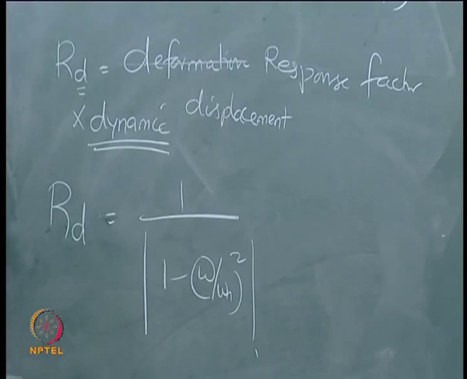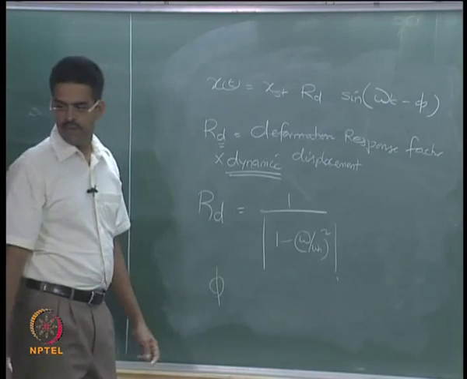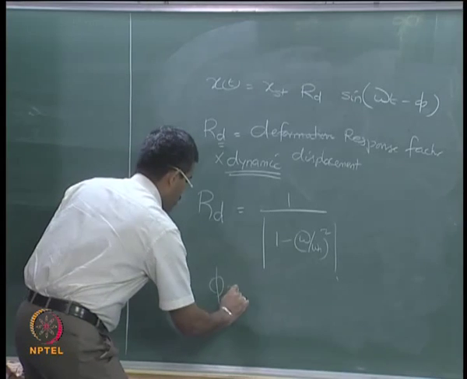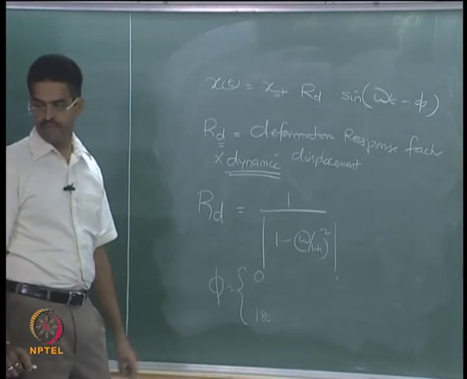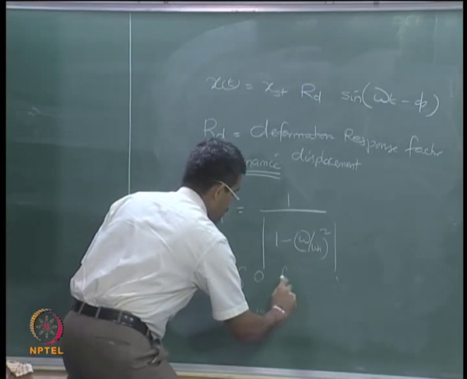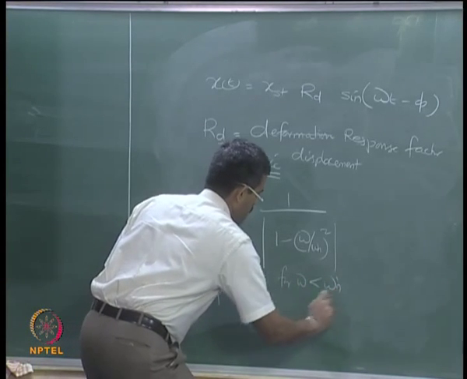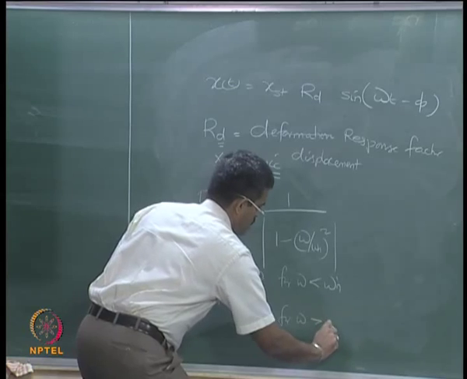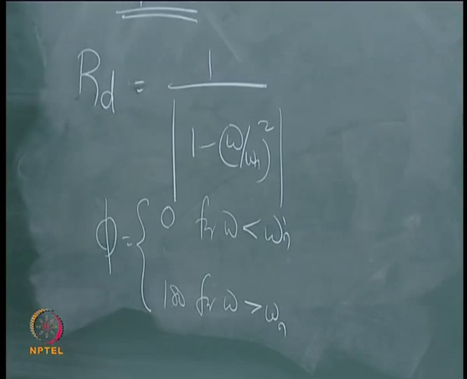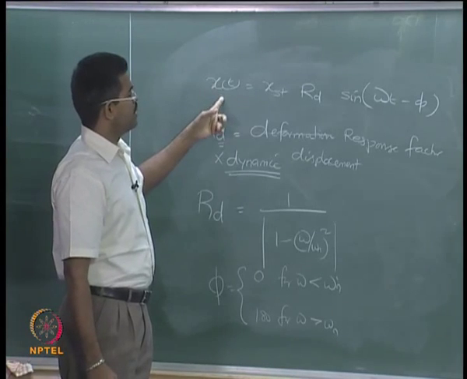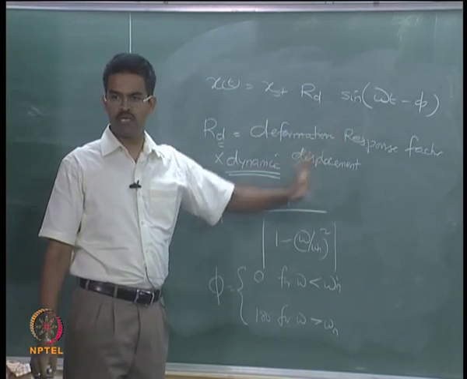So phi is equal to 0 or 180 degrees, 0 when omega is less than omega n and 180 for omega greater than omega n. So I have a single expression now: x of t is x static Rd sin omega t minus phi.